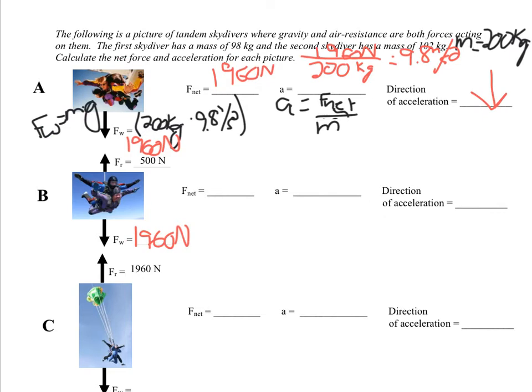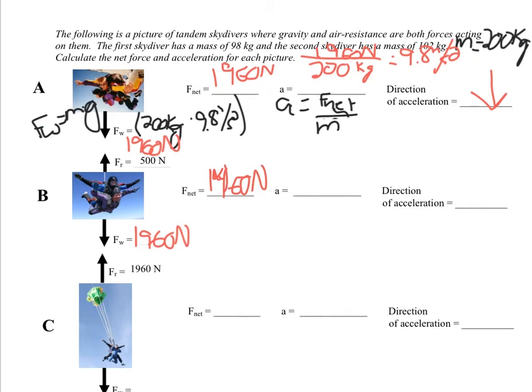Therefore, the net force is going to be 1960 minus 500, and you'll get an answer of, it's really ugly, 1460 newtons. Because again, just think of it like a tug of war. They're pulling in opposite directions, so they kind of cancel each other out, and you get a net force of 1460.